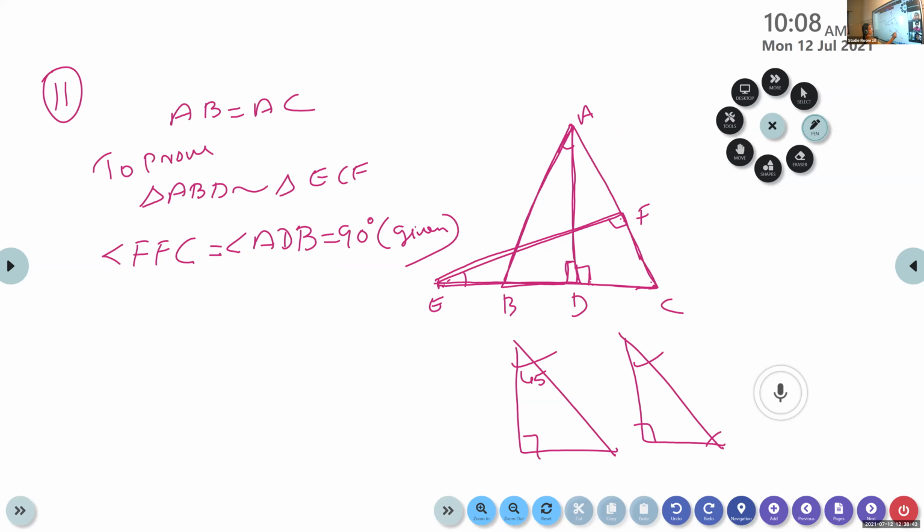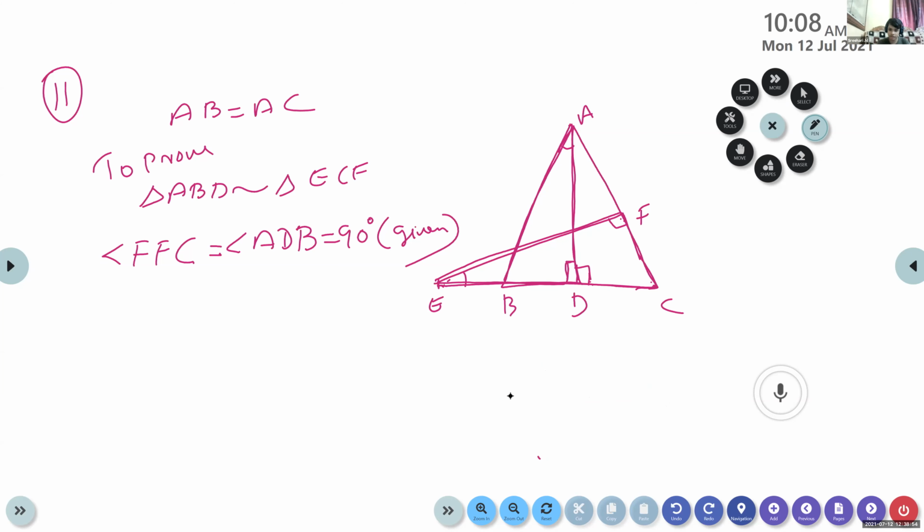Maybe this is 45, 60, 30. In all right angles, all other angles are not equal. That we can't say. Ma'am, angle B and angle C.